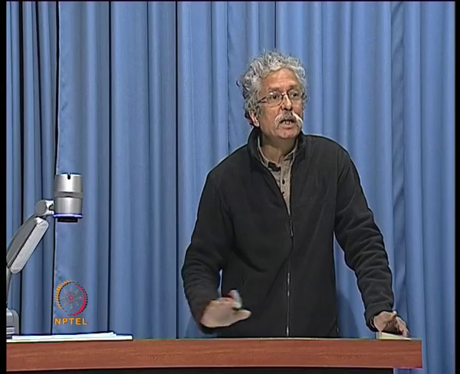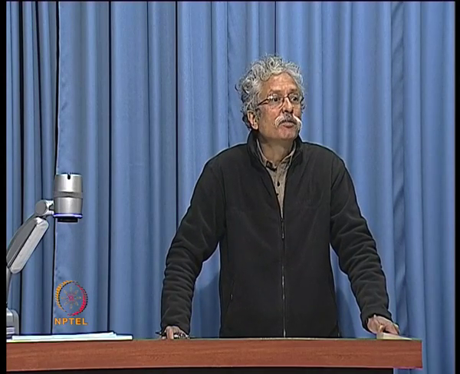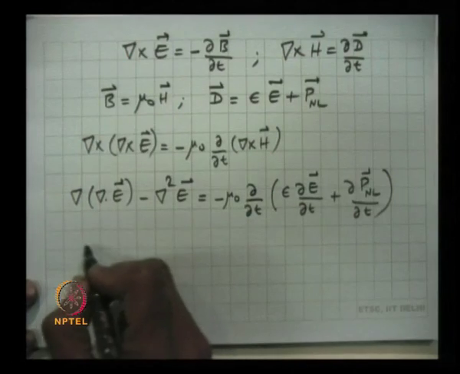But again, to simplify the analysis here, we are going to forget about the divergence E term. In principle, divergence E is not 0 in anisotropic media. But as I left the problem to you, you can check the angle between E and D vector is not very large. Usually, it's very small, a couple of degrees. So I'm going to assume, as a simplification, divergence E is equal to 0, and write this as so.